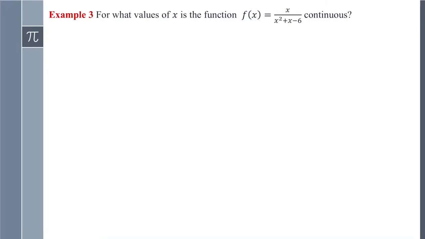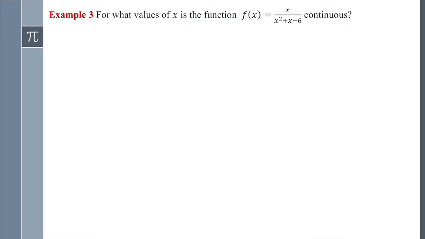So now, it says for what values of x is the function f of x equals x over x squared plus x minus 6 continuous? We know that this is continuous for all x except whichever values make that denominator 0. So this is a rational function.